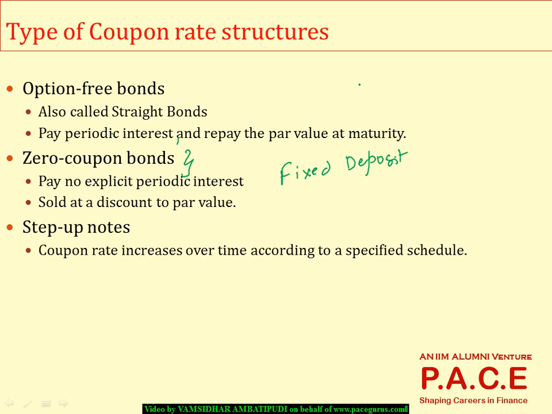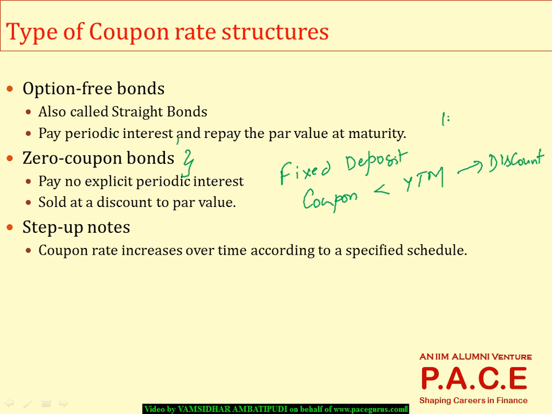So a zero coupon bond is more like that. Even if you have taken a 5-year FD, the most common thing is you are paid everything at the end of 5 years. That is what we call a zero coupon bond. As per our logic, the coupon is less than the YTM, because the coupon is zero, so it should be sold at a discount to the face value.